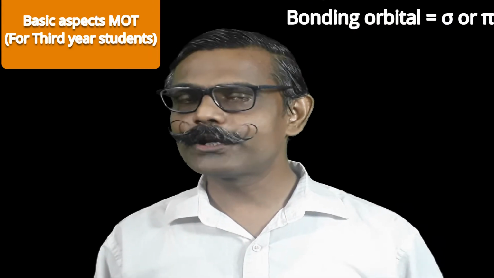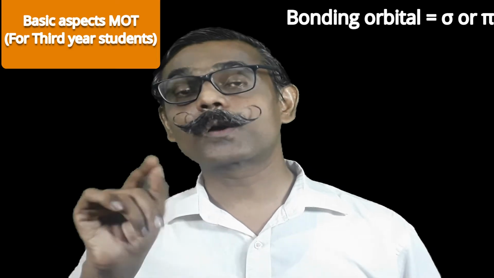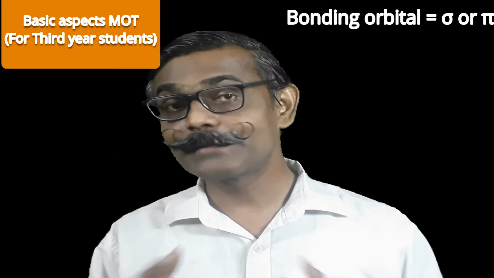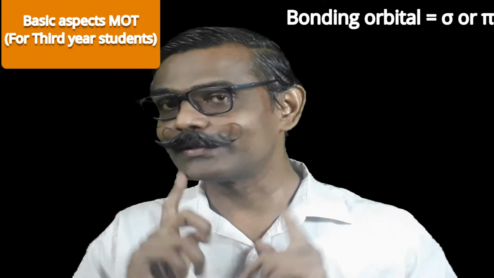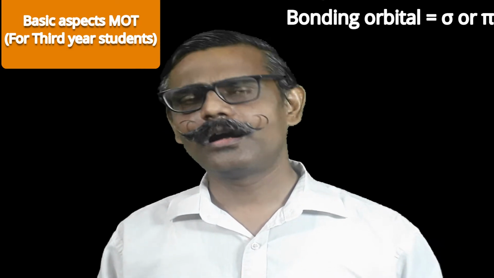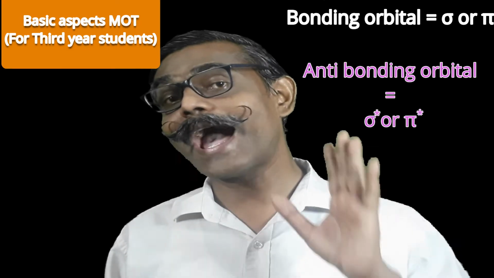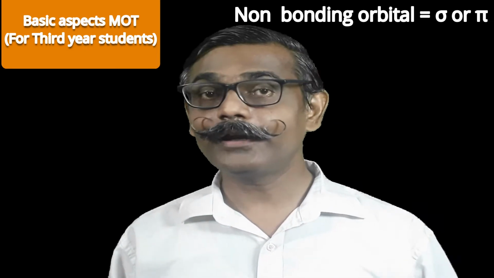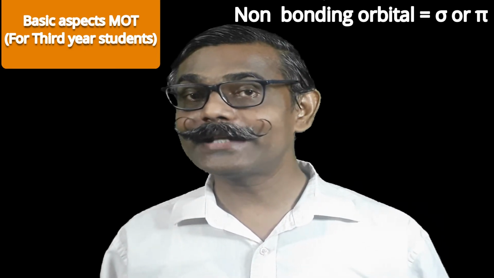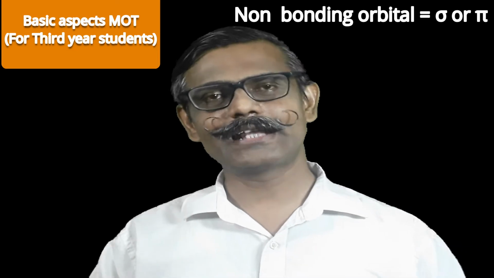We represent a bonding orbital by sigma or pi, depending on the kinds of orbitals which are combining. An anti-bonding orbital we represent by an asterisk, and a non-bonding orbital we represent simply, as we do a bonding orbital.